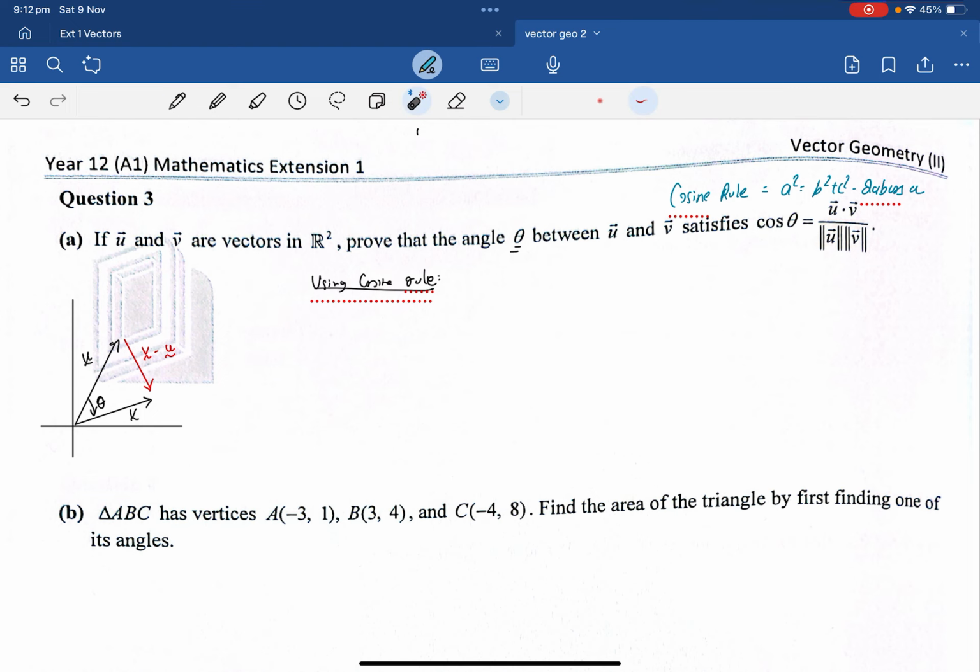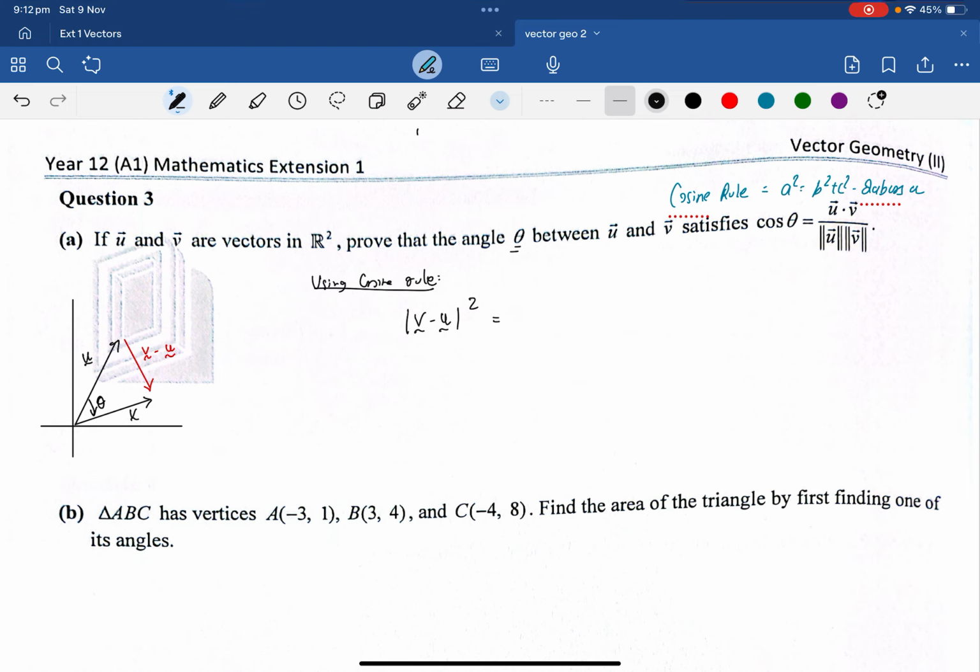This is your a squared, this is angle A. So, vector v minus vector u, magnitude squared. You can only square magnitudes, you can't square vectors. Keep that in mind.